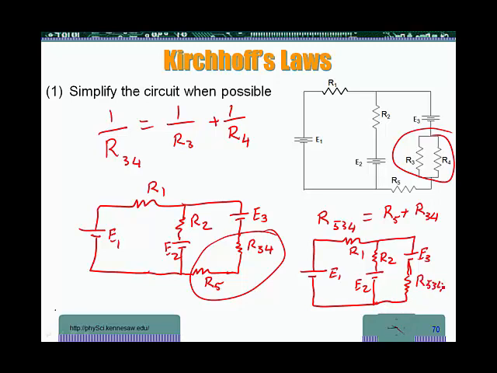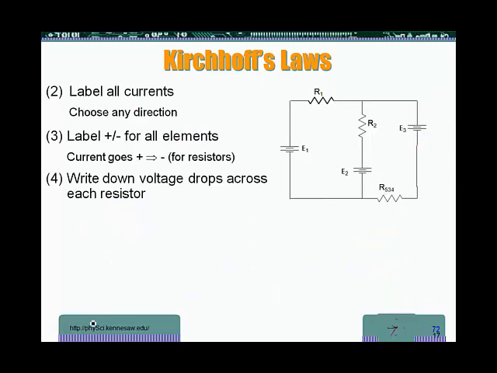That's my simplified circuit, the circuit I'm going to work on from now on. So this is what I have.